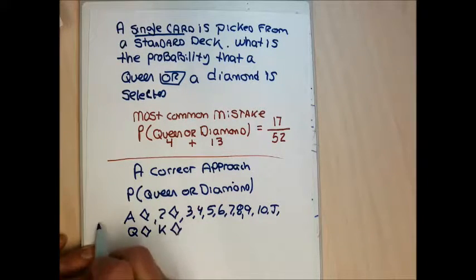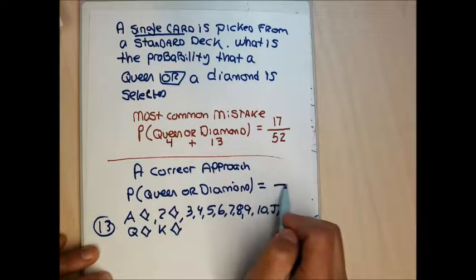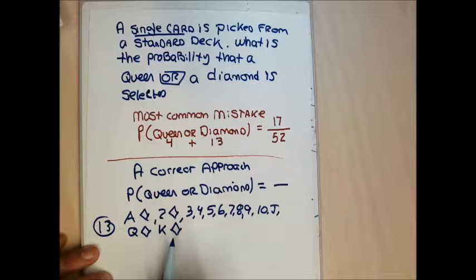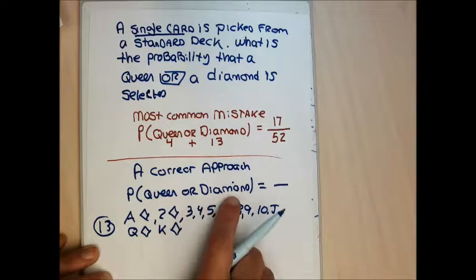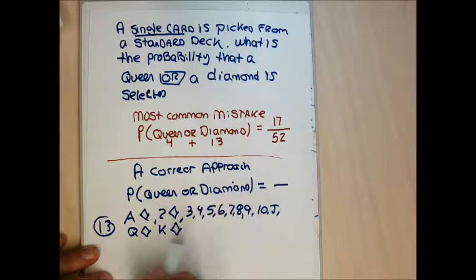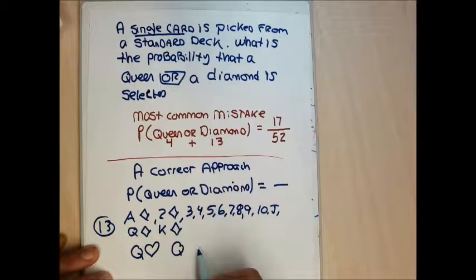That's 13 unique cards right there that need to be counted in this probability question. Now, if I want to add any cards that I haven't already counted that fit the other criteria, because to be counted here, you need to be a queen or a diamond. I've counted all the diamonds. I haven't counted all the queens, but I've counted a lot of the queens. I haven't counted the queen of hearts. I can't do spades so well.